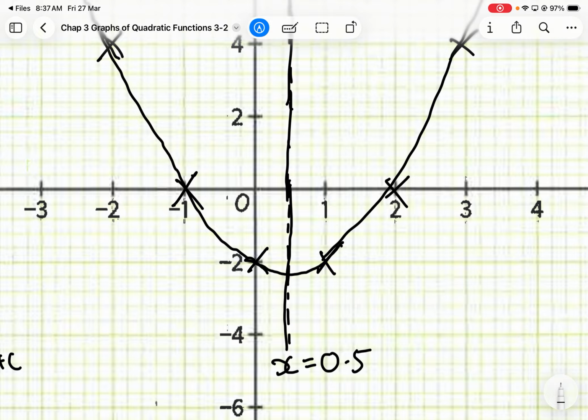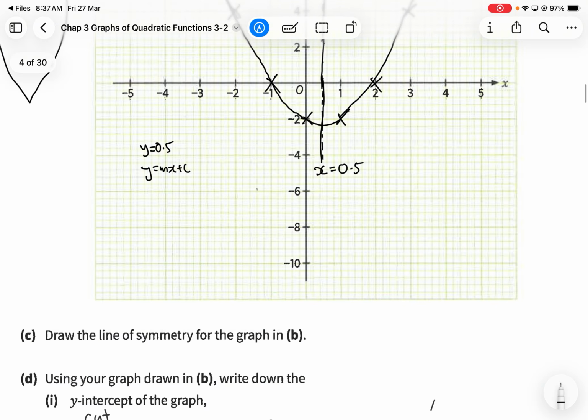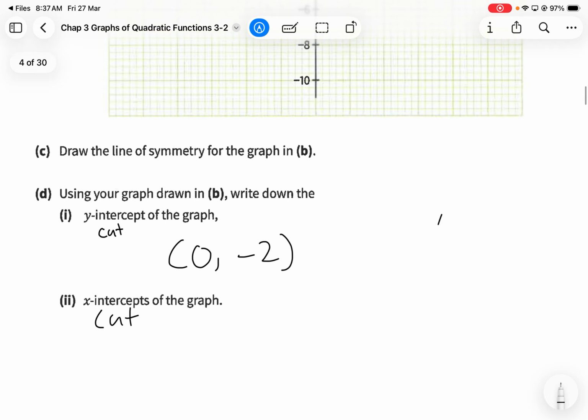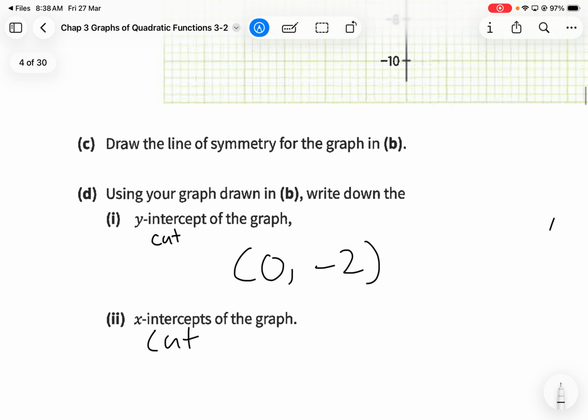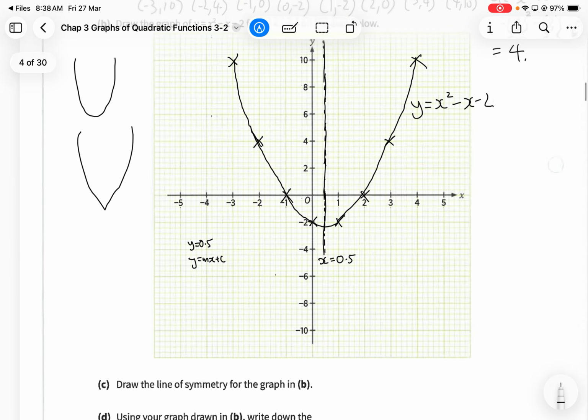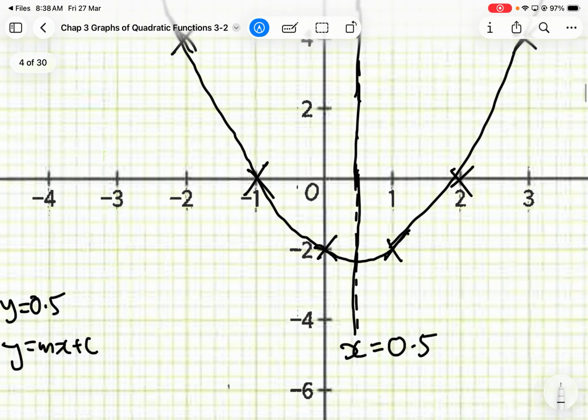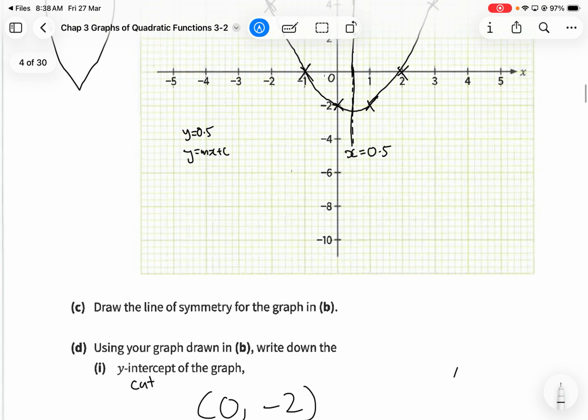So there are 2 x-intercepts. Okay? So that's why you see in your book, y-intercept, x-intercepts, plural. There are 2 intercepts. So you must write down both. So one is -1, 0. One is 2, 0.